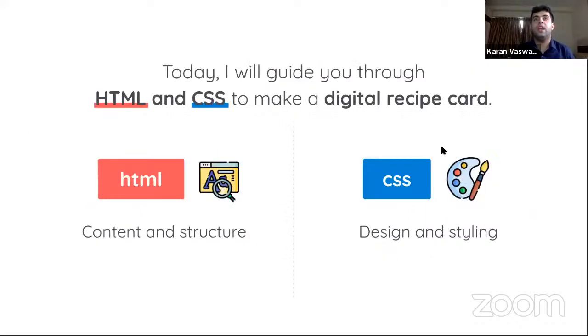So today I will be guiding you through HTML and CSS to make a simple digital recipe card. As I mentioned, HTML is for the content and structure, and CSS is more for the design and styling.